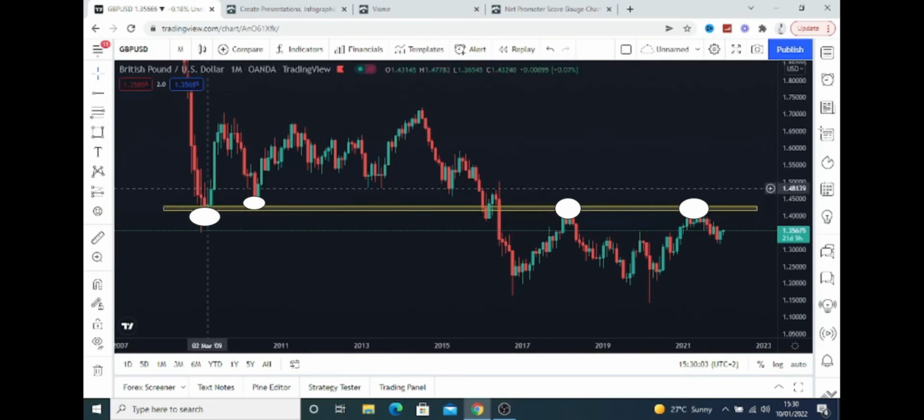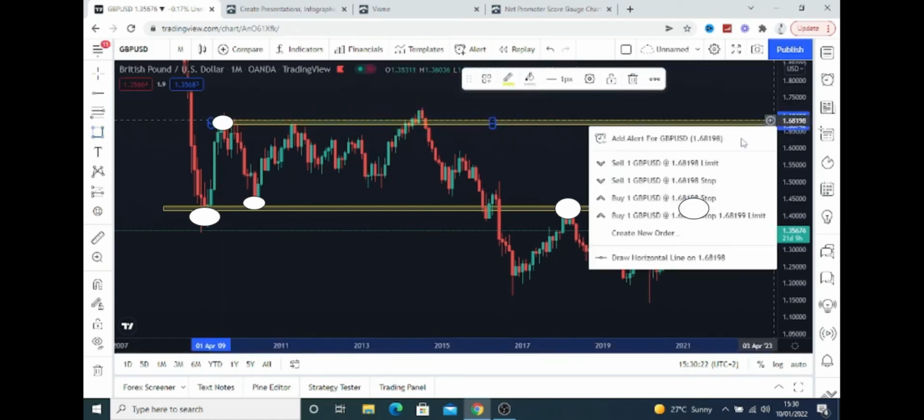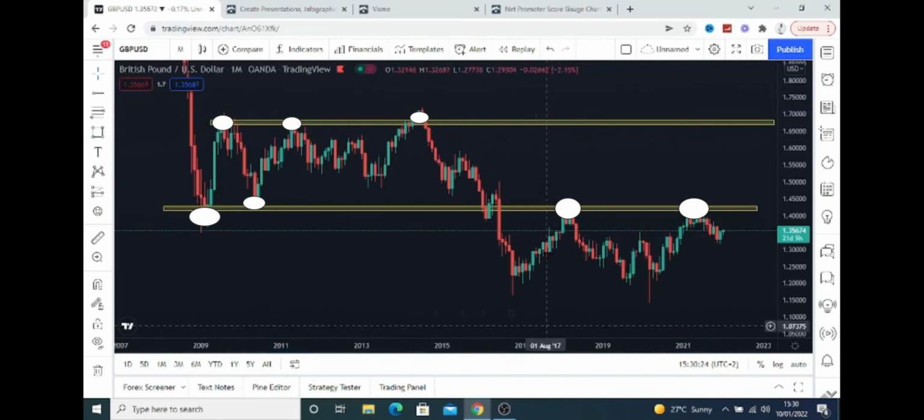So from being a support, it was turned into a resistance, and then the price went up, and then we're seeing also rejection here, and we're seeing these long wicks that are showing rejection in this area. We can also mark it as our dynamic zone. Remember, I said that these zones are obvious.